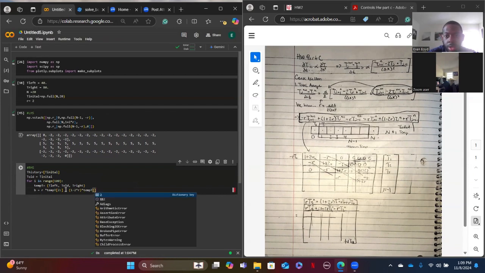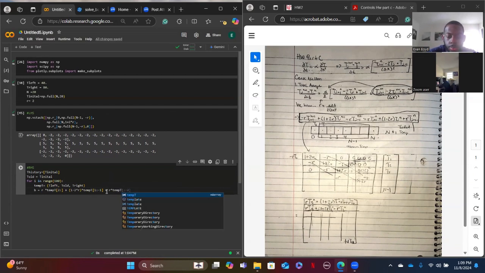Now we're in the middle of the block, at position 1, so this would be 1 colon -1. All right. Plus R times temp T, and now we're minusing, so taking a step backwards.